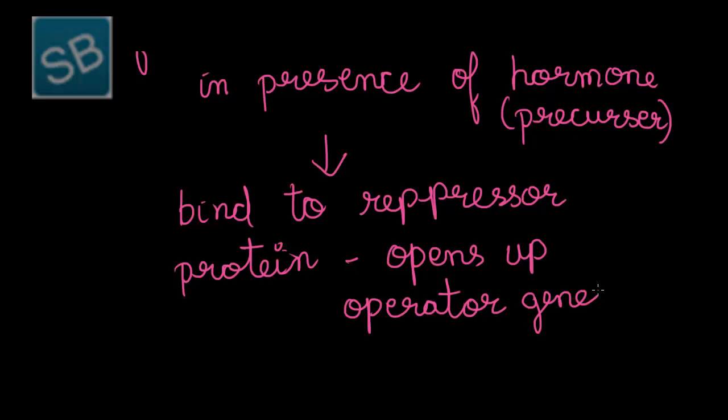That is, after the inducer binds to the repressor, the function of the repressor protein gets deactivated, which helps in the activation of the operator gene, and thereby transcription can occur.